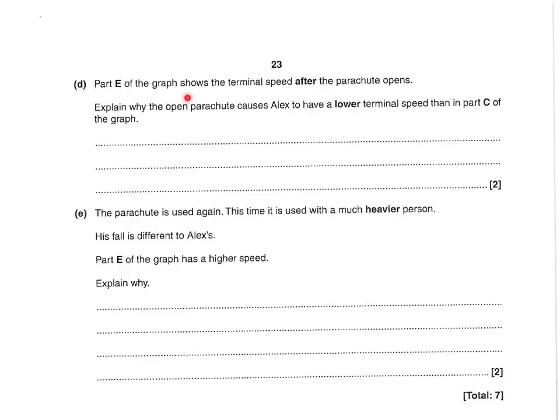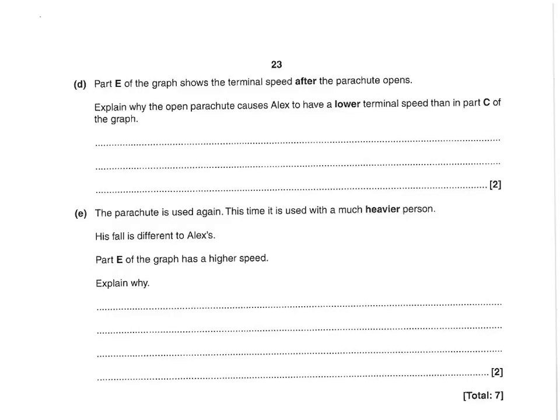Next question, part E of the graph shows the terminal speed after the parachute opens. Explain why the open parachute causes Alex to have a lower terminal speed than part C of the graph. 2 marks here. So any 2 of these, you could say that the larger surface area means there's more drag. You could say the surface area to weight ratio has increased.